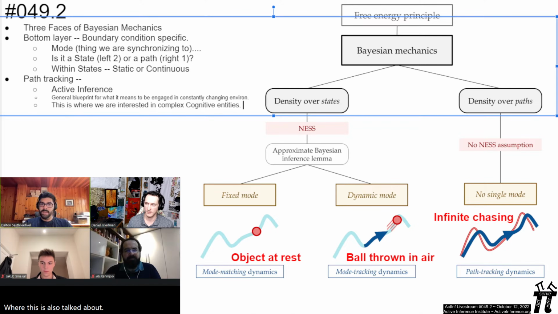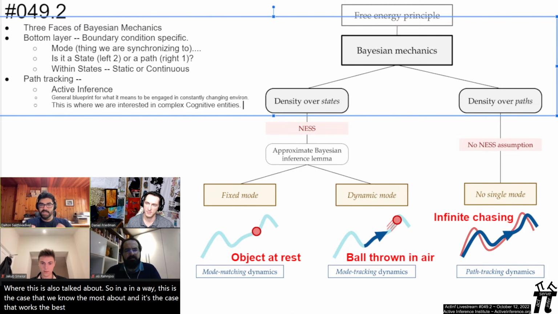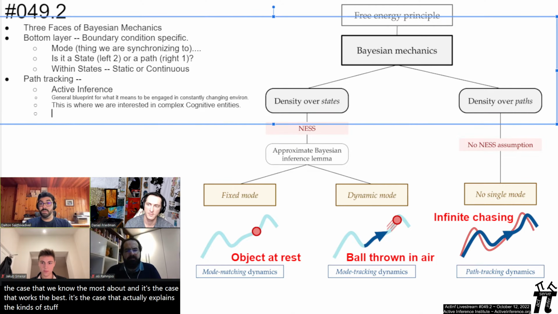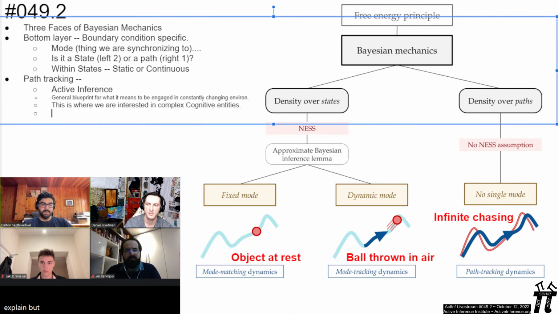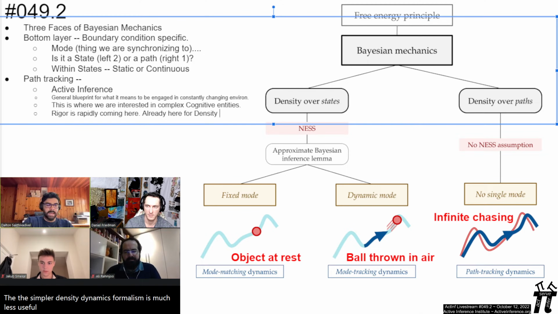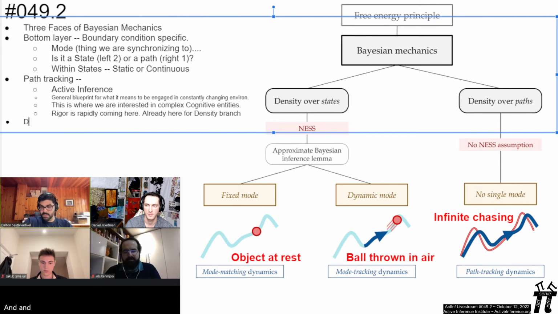So in a way, this is the case that we know the most about, and it's the case that works the best. It's the case that actually explains the kinds of stuff that we want to explain. But the rigorous maths hasn't been done in that case. The simpler density dynamics formalism is much less useful, and to some extent suffers from its own problems in terms of edge cases and maybe mathematical confusions.